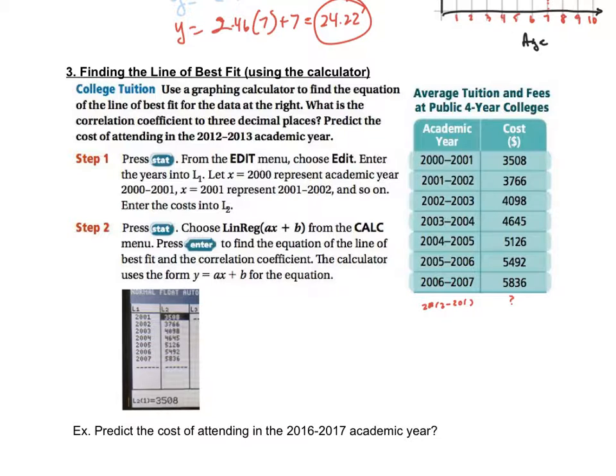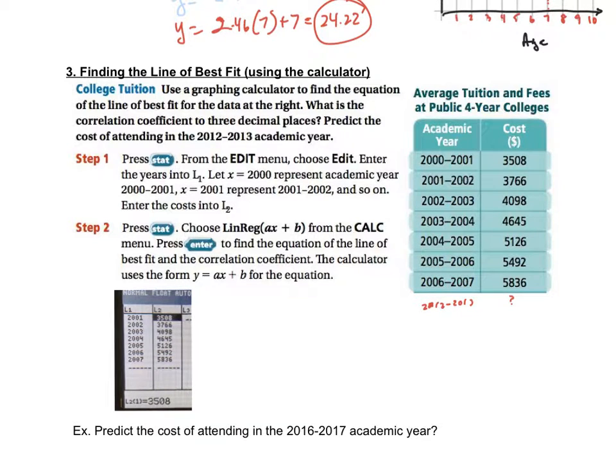Now, I did mine a little bit wrong, so let me go back and fix that. Because as you can see here, I input 2001 as what they would have said 2000. So let me fix that the way it has it worded.